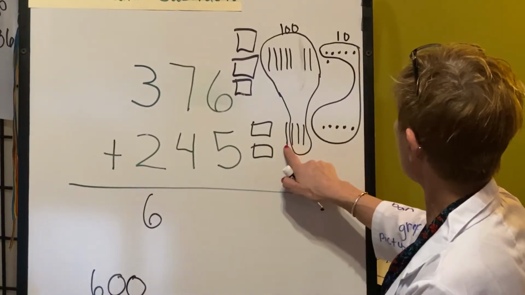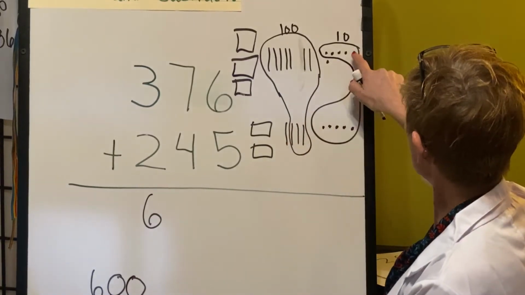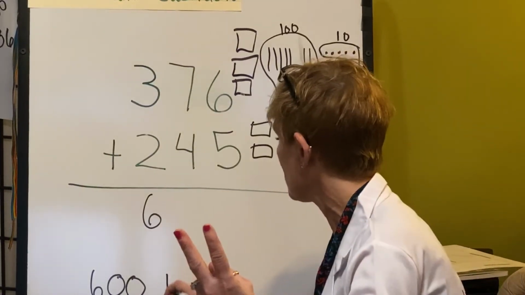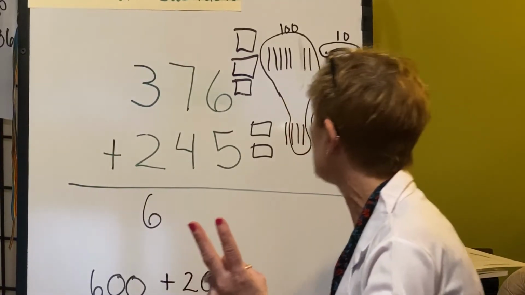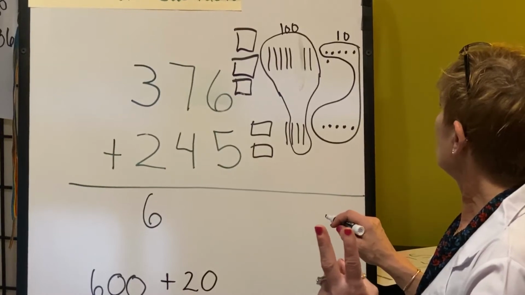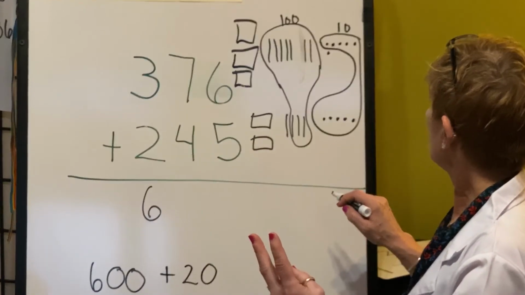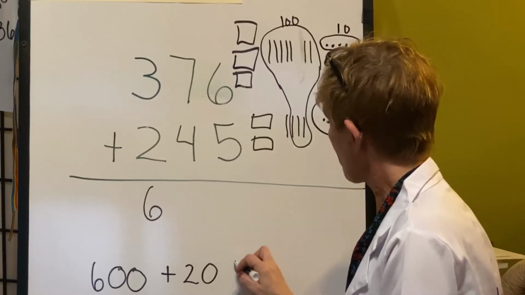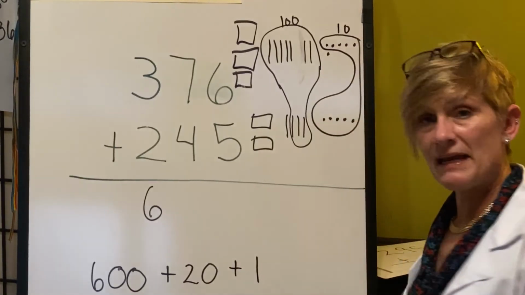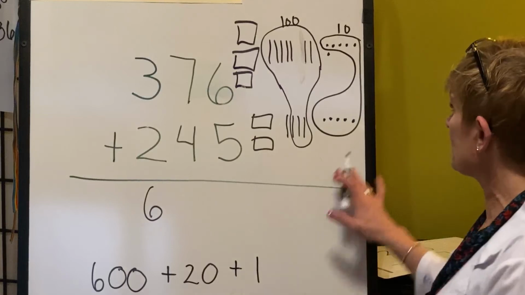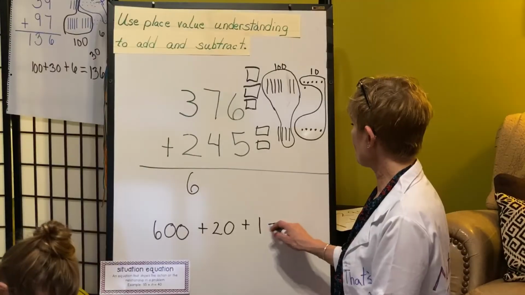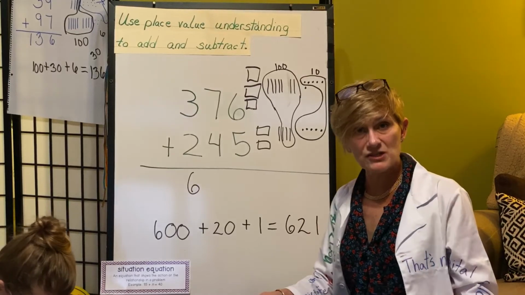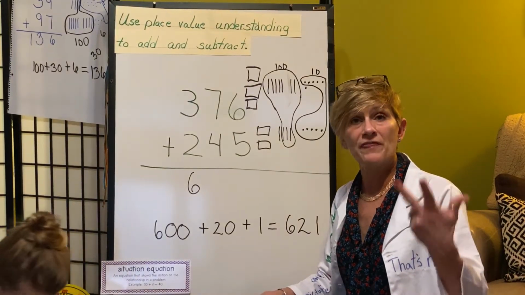And then I have a 10 and this 10. That would be 2 10s, which I know is 20. And then I have this 1. So I made an expanded notation of my visual. Let's see if that makes sense. 621.